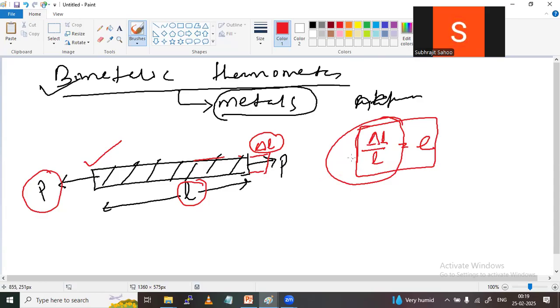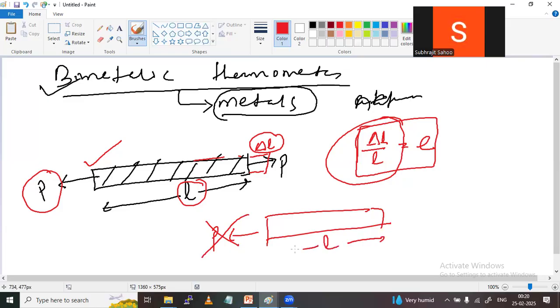Without applying load, is it possible to change the shape of any object or metal? Observe properly. This is a metal piece of length L and I will not apply any load. Is it going to automatically increase in length by some delta L or not?